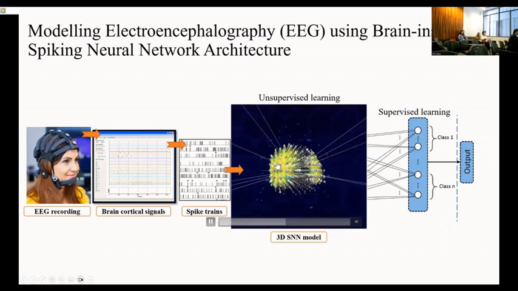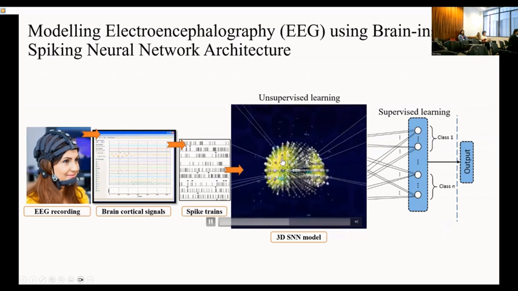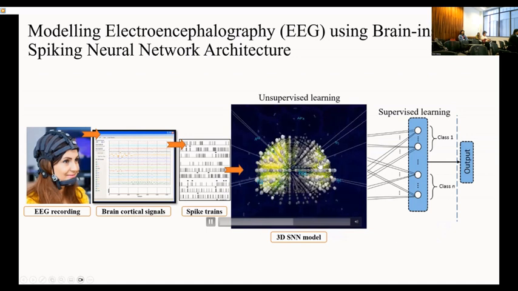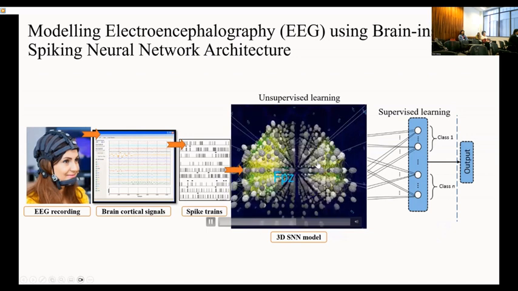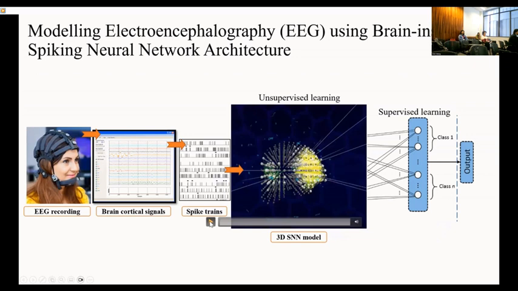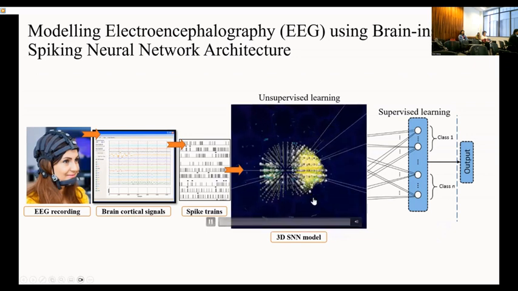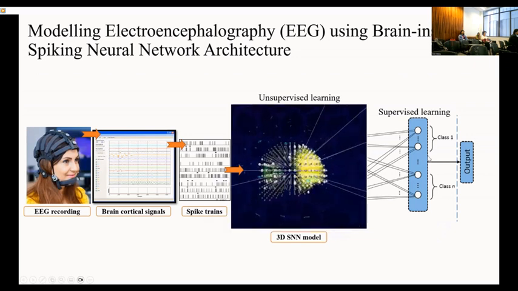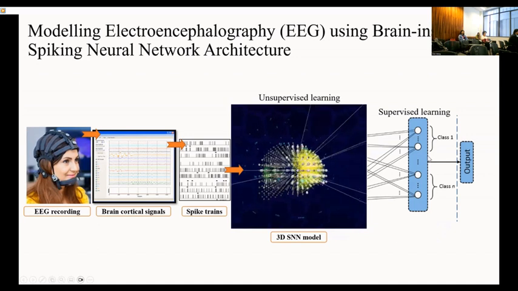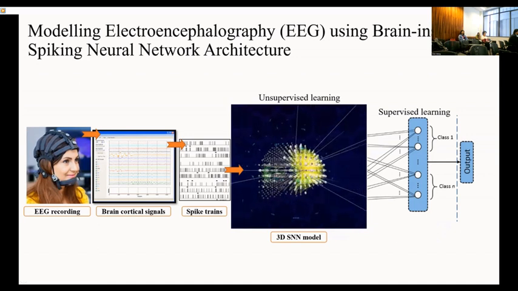And then we can see which areas of the brain are more activated or which areas of the brain are less activated when you're under different mental states or conditions. And then we can use this information and pass it to supervised learning for further classification and prediction of the outcome.